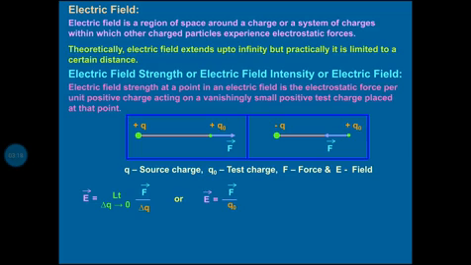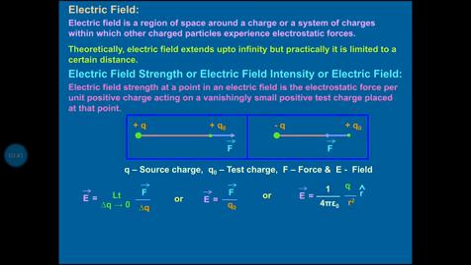There is another expression of electric field: E vector equals force vector by the test charge. This is the formula of electric field: E vector equals 1 by 4 pi epsilon naught, q by r square, r cap.